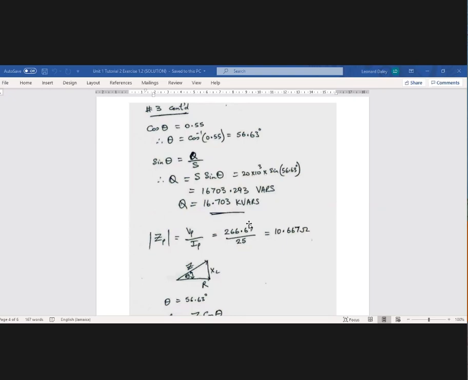For an inductive load you would have a lagging power factor, but you see that the triangle shows that the angle is positive.